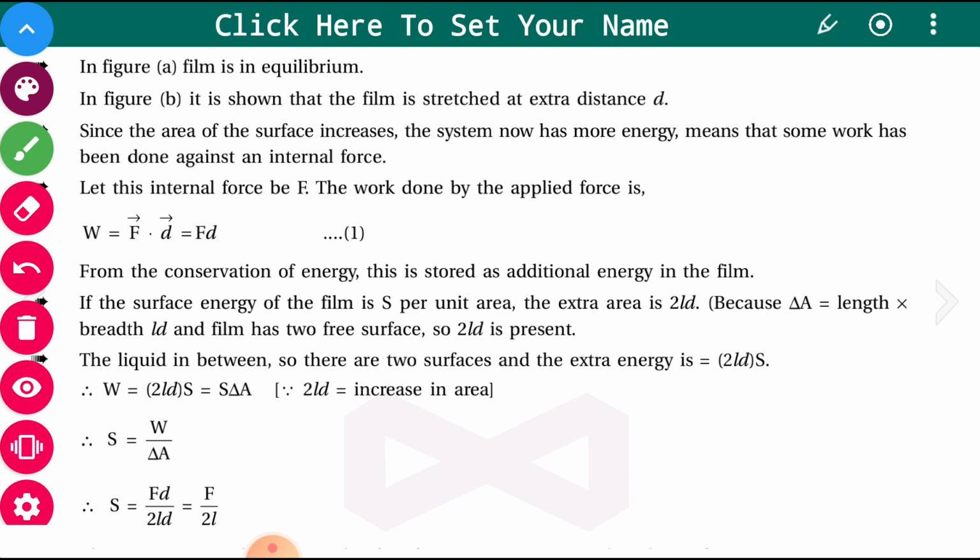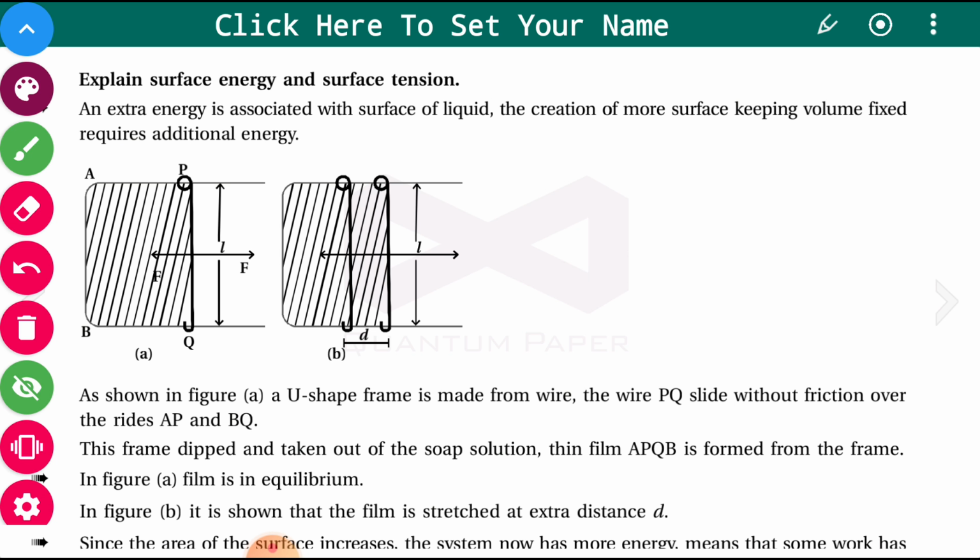From the conservation of energy, this energy will be stored as additional extra energy in the film. Now if the surface energy of the film is S per unit area, take the surface energy per unit area initially as S. Then see how much increase in the area there is. Increase in the area is length into breadth, so L into d.